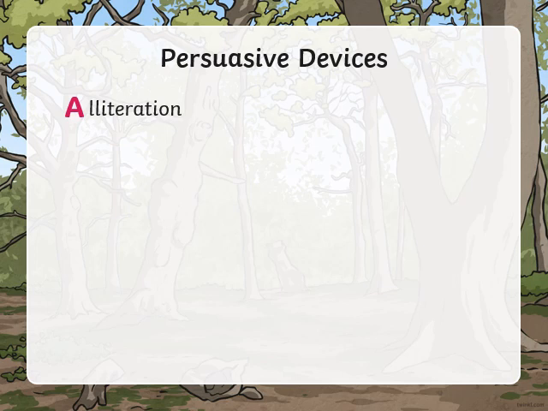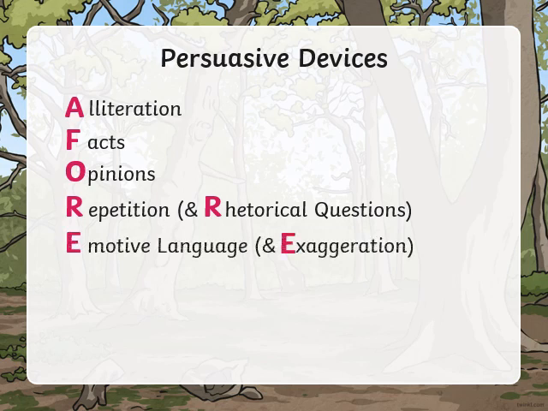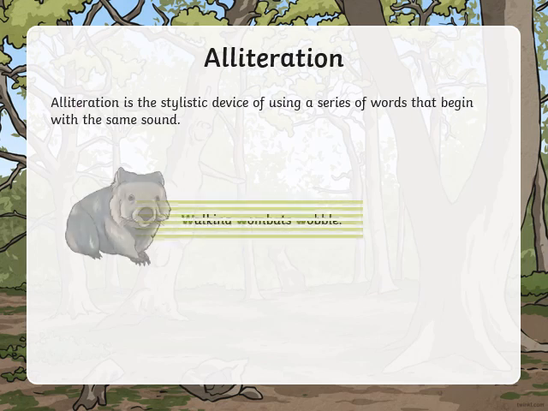Persuasive devices, a FOREST: A for alliteration, F for facts, O for opinions, R for rhetorical questions and repetition, E for emotive language and exaggeration, S for statistics, and last but not least, rule of three.